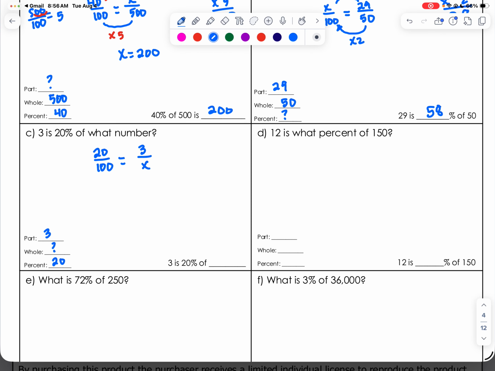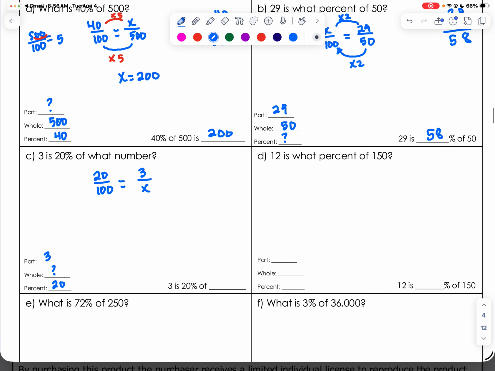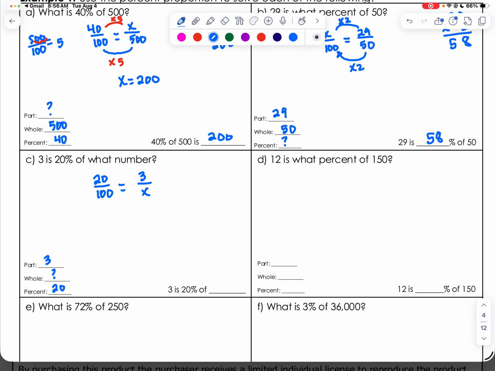Now, to find your scale factor here, we're going to have to do this one a little different. We can't work with the denominators, and 3 won't go into 20 evenly. But look at the first fraction. What could I multiply 20 by to get 100?